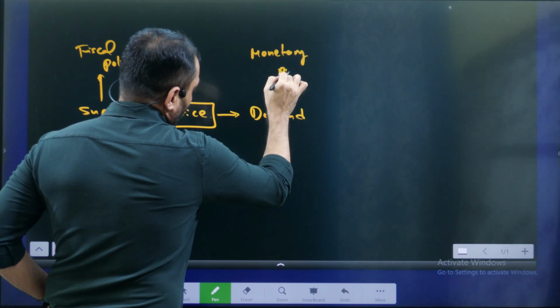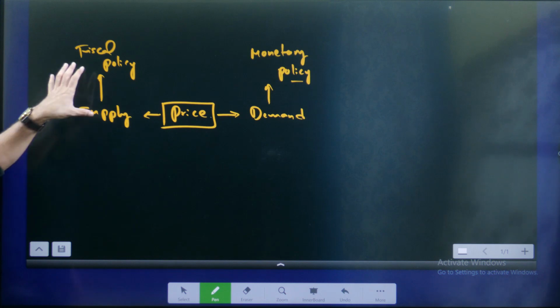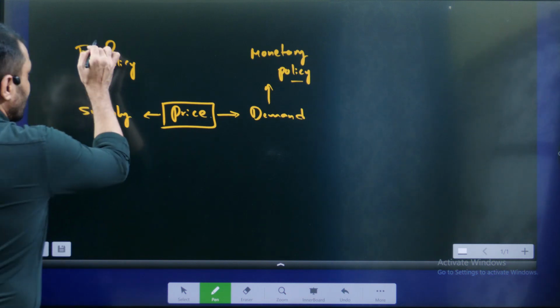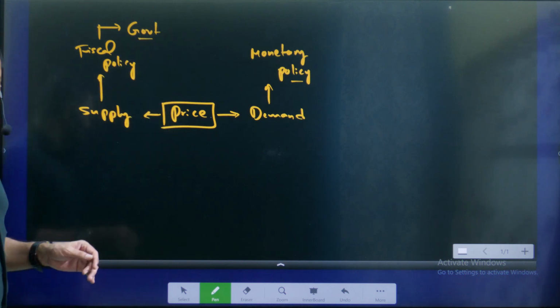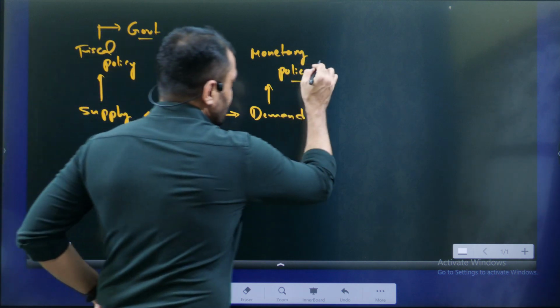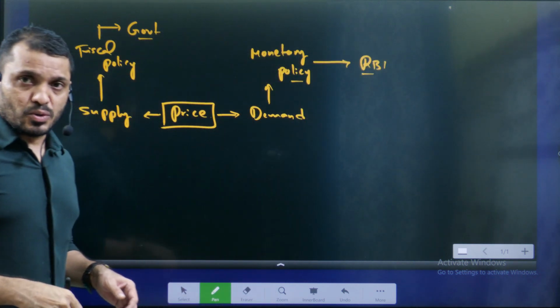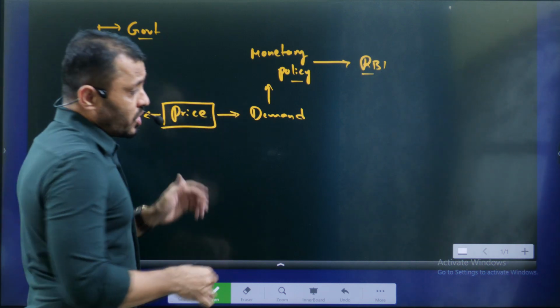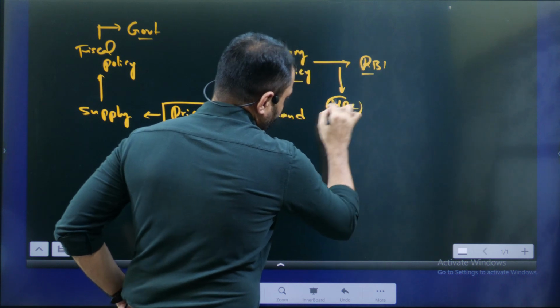So monetary policy always operates on the demand side of the economy. Generally, fiscal policy is determined by the government of the day. Government decides the fiscal policy through budgets, whereas monetary policy is reviewed by RBI. RBI reviews monetary policy through a committee known as the Monetary Policy Committee.